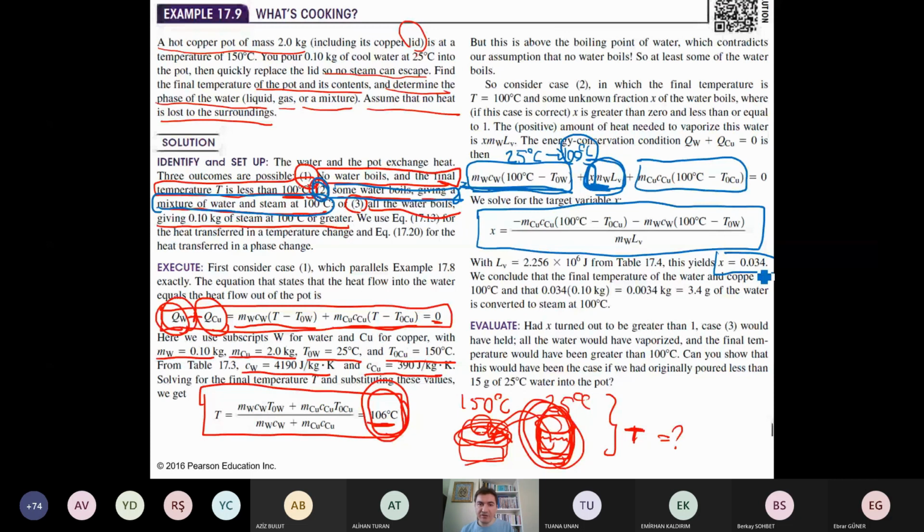What about the initial mass of the water? The initial mass of the water is 0.1 kilogram, and only this portion of the water is vaporized. Then 3.4 gram of water is converted to steam at 100 degrees Celsius. This is the solution. Do you have any question here?